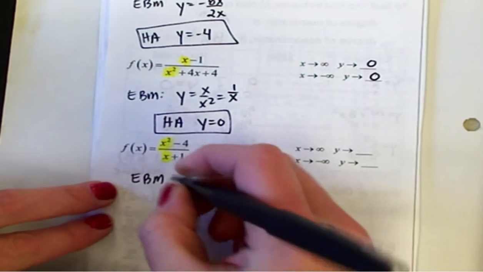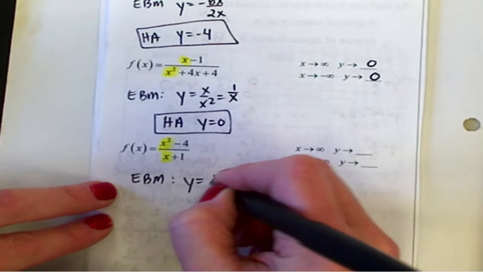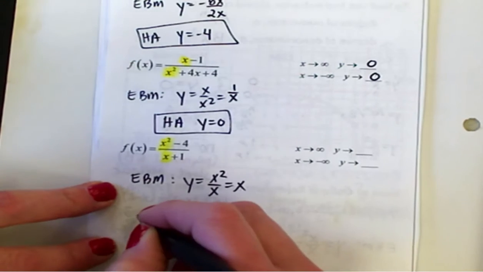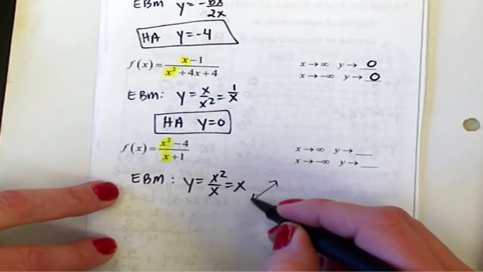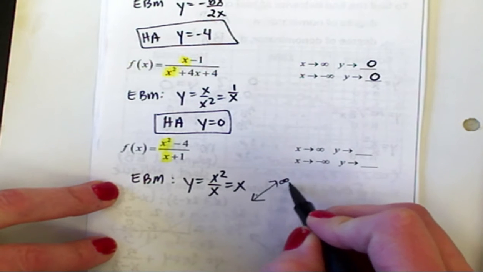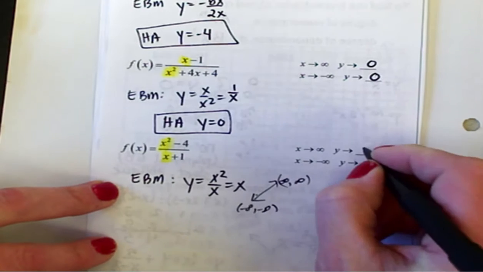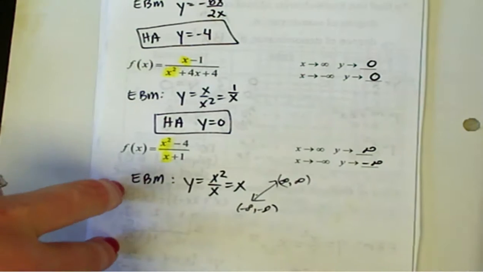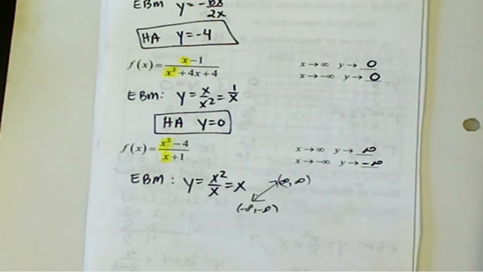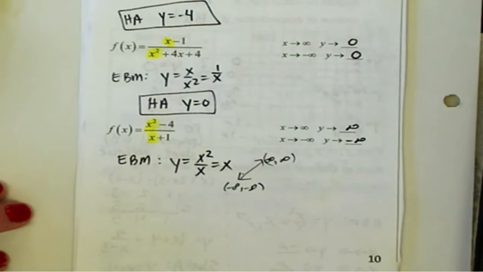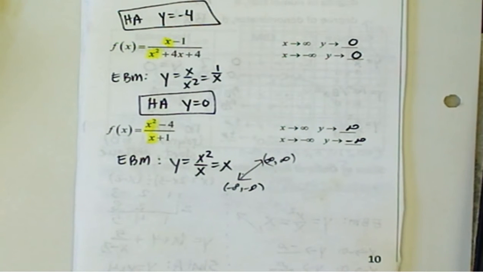End behavior model, y equals x squared over x, that reduces. So that means that if I were to plot my points, negative, negative, positive, positive. Arrows just mean approaching, getting close to. This didn't ask for the asymptote. It just asked for the end behavior model, which is the infinity statement. I could find the asymptote.